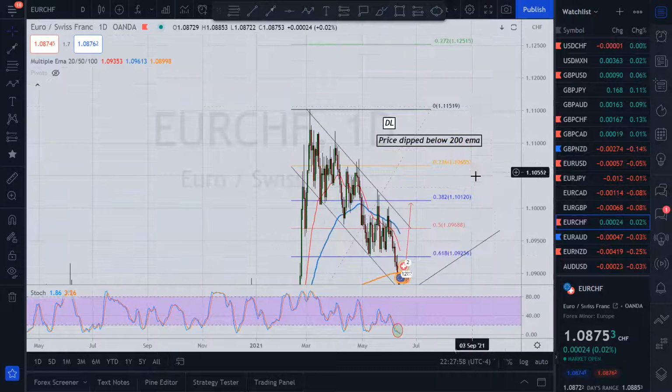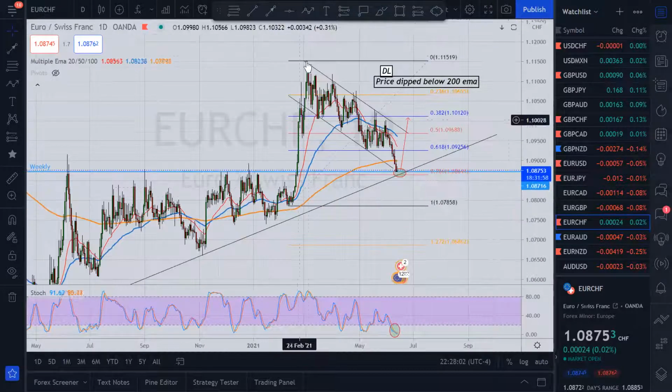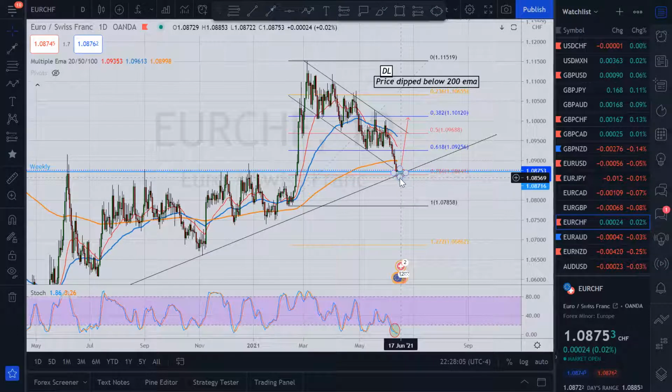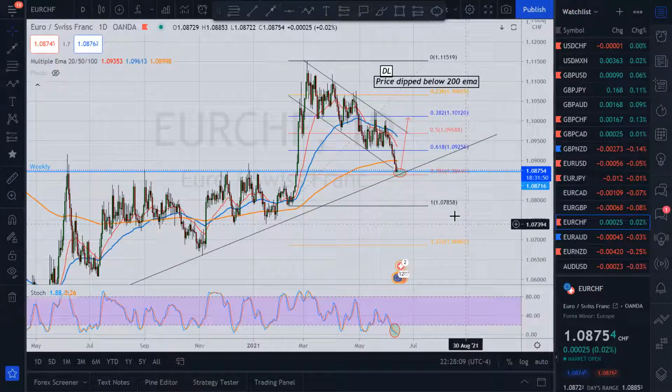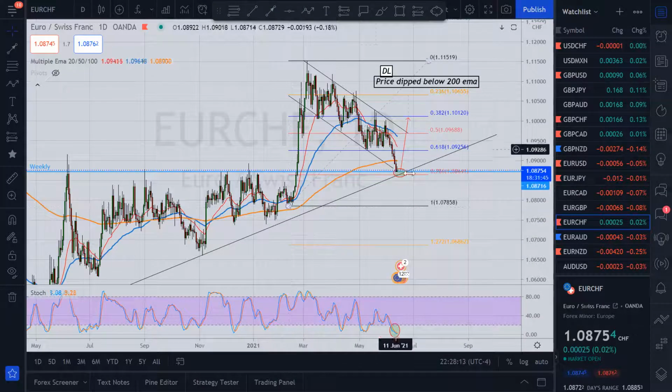That's good enough reason. But what happens is price impulsed and then made this long, complicated correction down to 1.0875. This is the 78.6 on the Fibonacci retracement, the last area where you can expect price to reverse and continue in the trend.